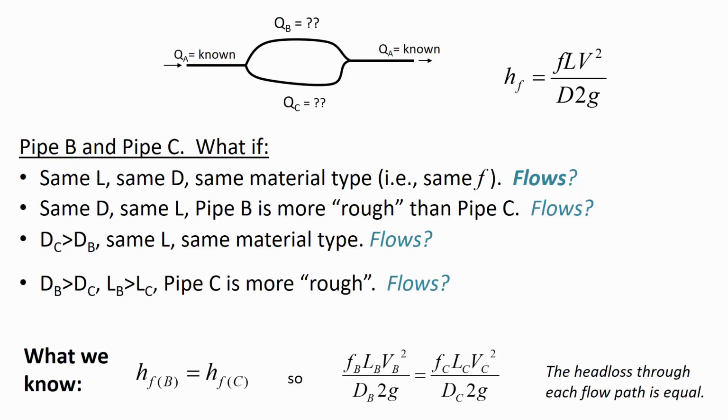So any questions on this so far? Yes? Yeah, the last one, you said that since pipe B was longer, there would be more head loss in pipe B than pipe C. Yeah. So in this, the first one, bigger diameter means B has more flow, right? But longer length means B has less flow.